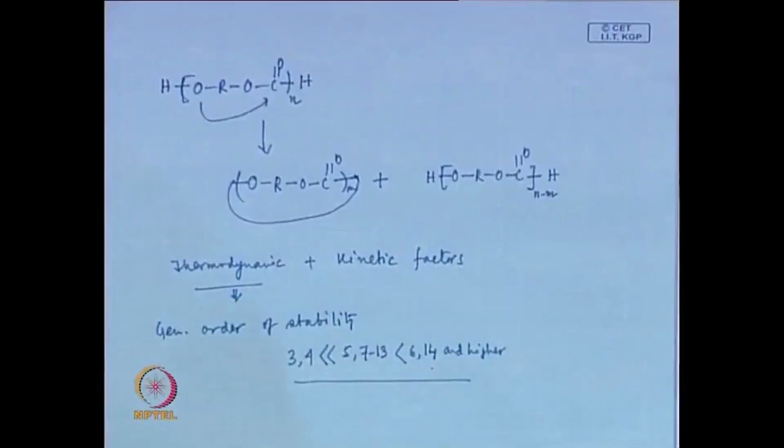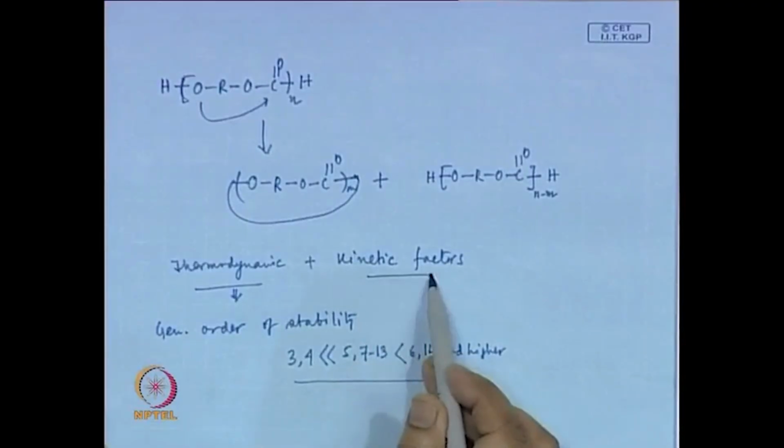Now, I was talking about larger linear molecules, say having 14 or higher number of atoms. Then they have so many conformations. The higher the number of atoms, or the longer the chain, the more conformations of that molecule are possible.